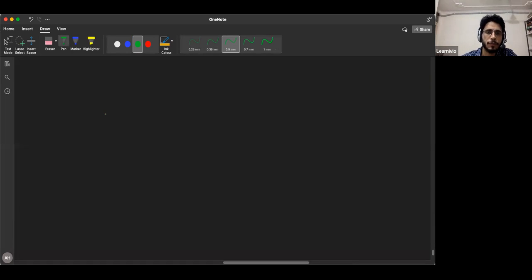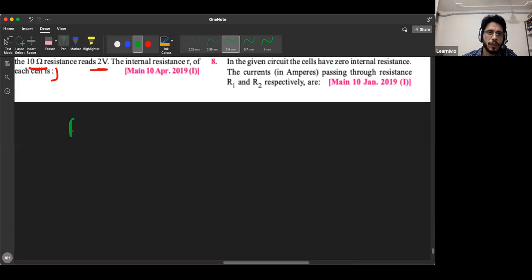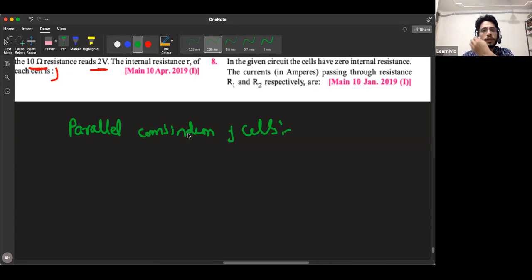So write this formula. See, for parallel combination of cells, the theorem is the maximum power transfer theorem: the power dissipated in a circuit is maximum if internal and external resistance are equal.